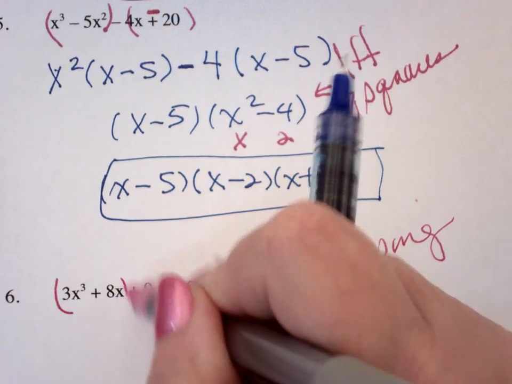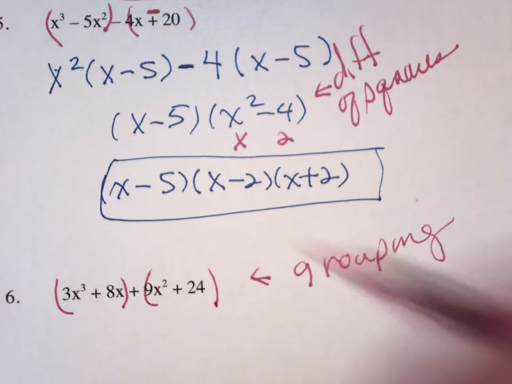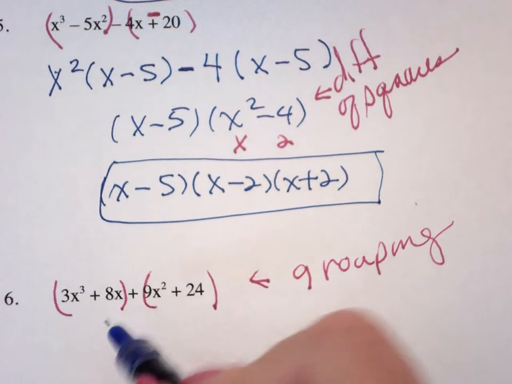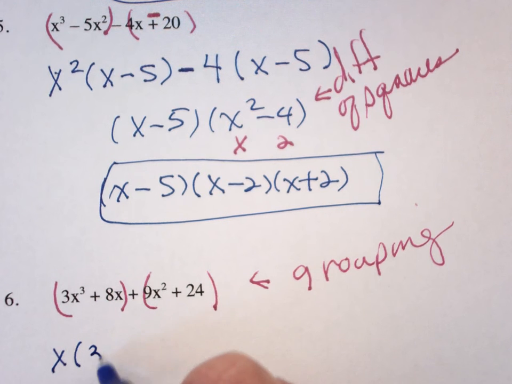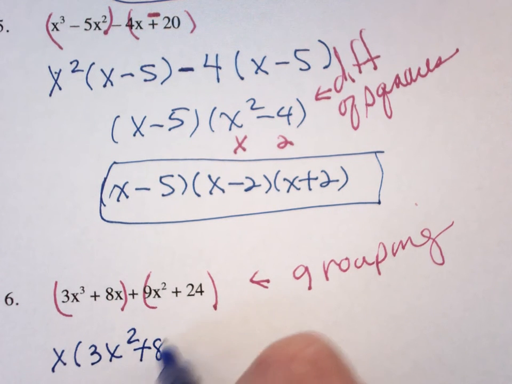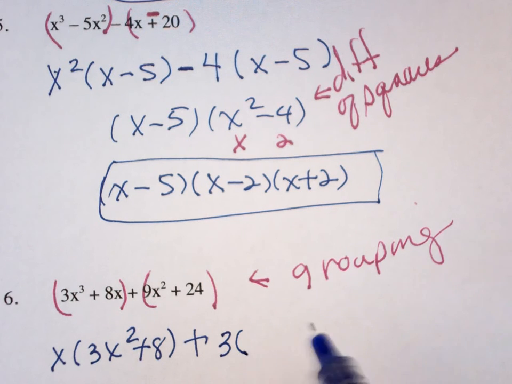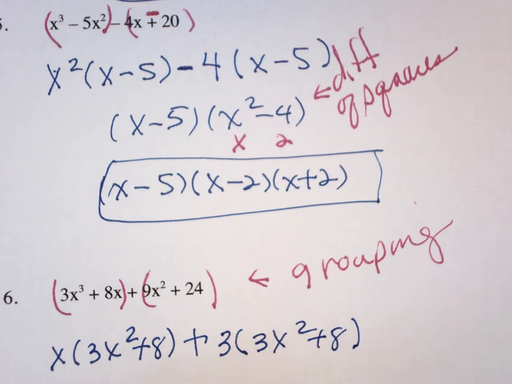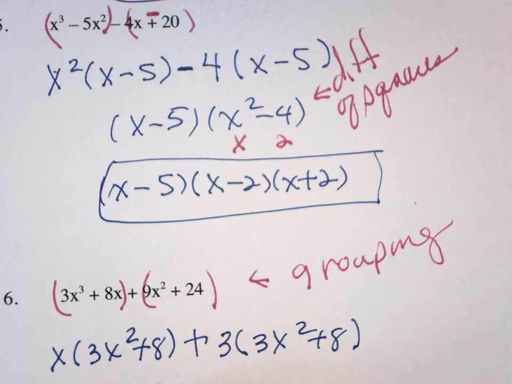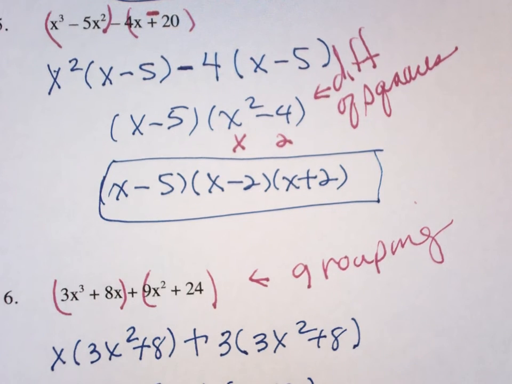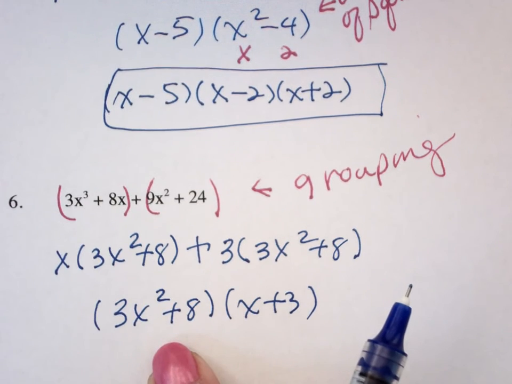So 2, and I love the plus sign in 2. Greatest common factor is x, 3x squared plus 8 plus. Greatest common factor is 3, 3x squared plus 8. Greatest common factor, 3x squared plus 8, and x plus 3. Can I do anything with that 3x squared plus 8?